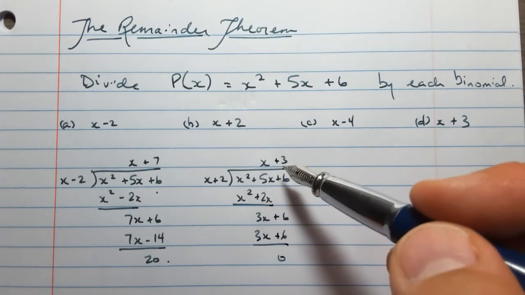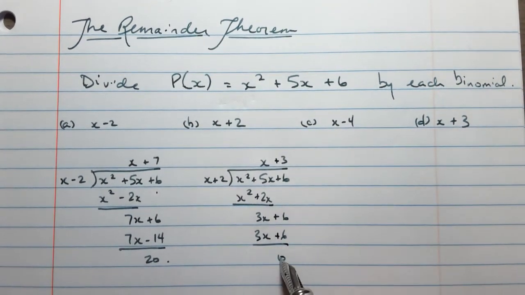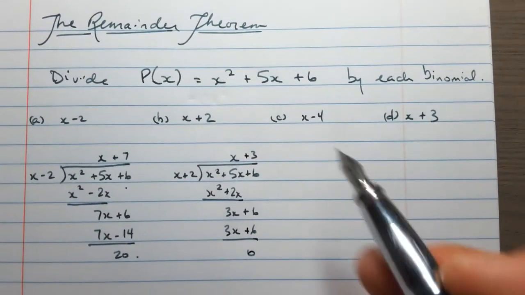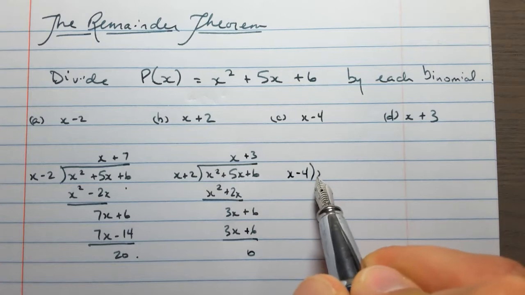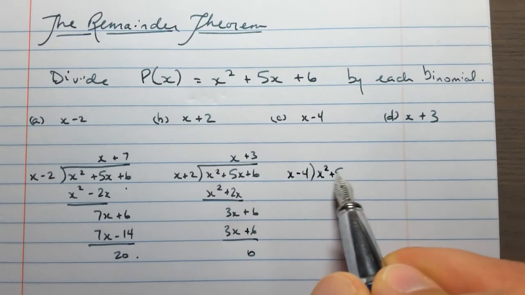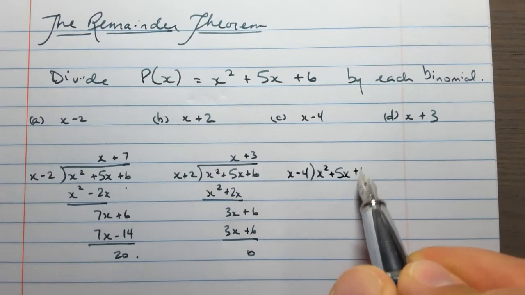Okay, for the second one I got x plus 3 with a remainder of 0. Oh, I'm feeling a little cramped here. It's going to be hard to fit everything in. I'll have to write a little bit smaller maybe.